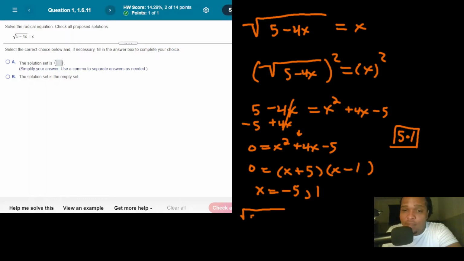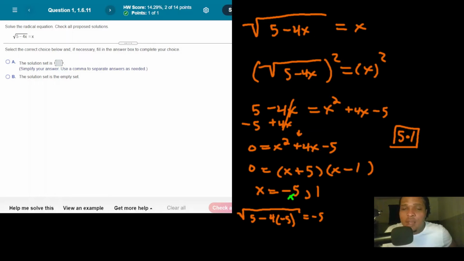We have the square root of 5 minus 4 times negative 5 equals negative 5. Red flag right there: we have a radical on the left equal to a negative. No way that's going to happen. So sadly, we can't use the negative 5.